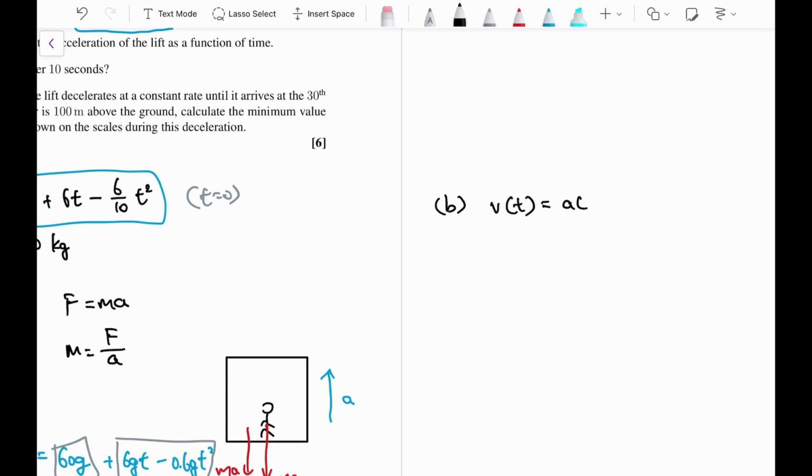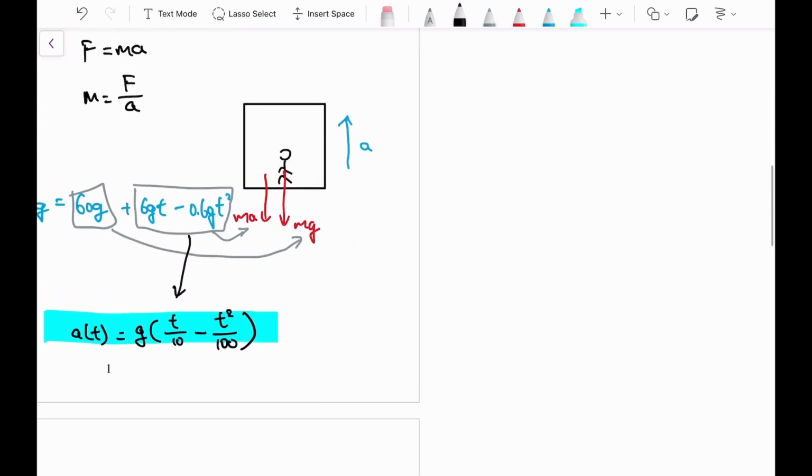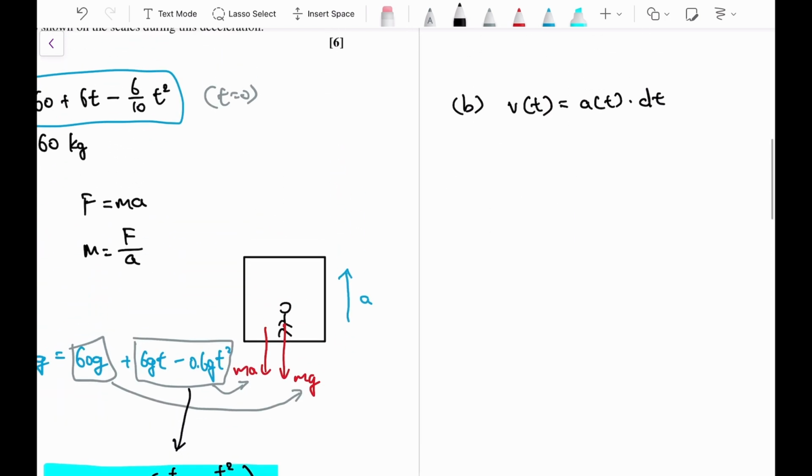Velocity will be equal to the equation for acceleration times dt, so we have to use a bit of integration. Let me write the equation over here again. So it's g times t over 10 minus t squared over 100. So now we simply have to integrate this.